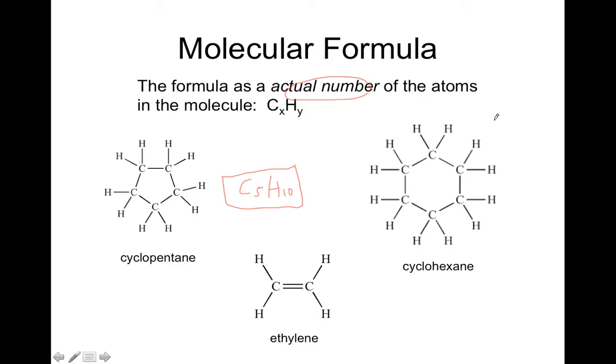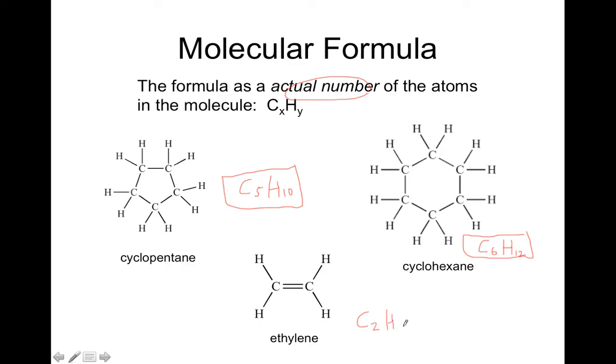Cyclohexane is C6H12, right? So it looks like they have different molecular formulas, but the same empirical formulas, these three do.